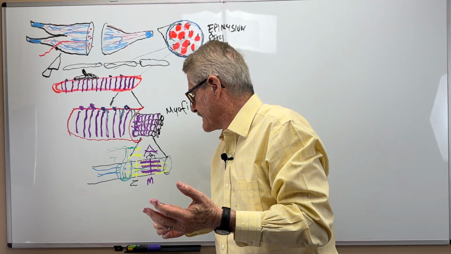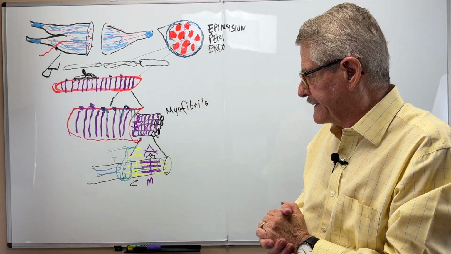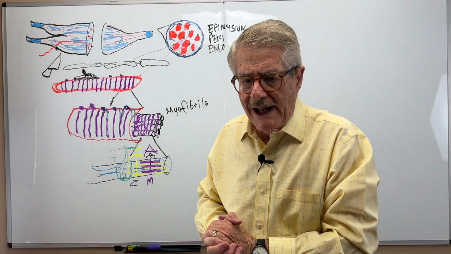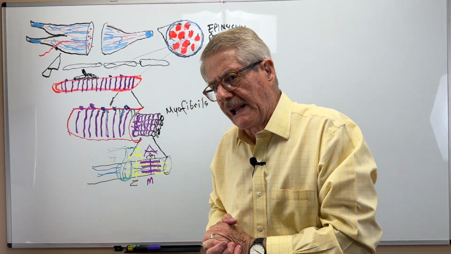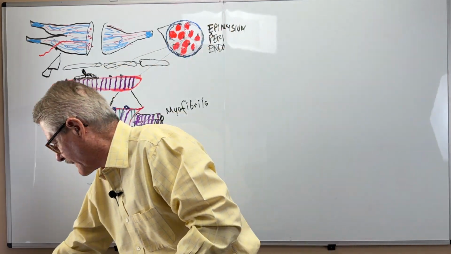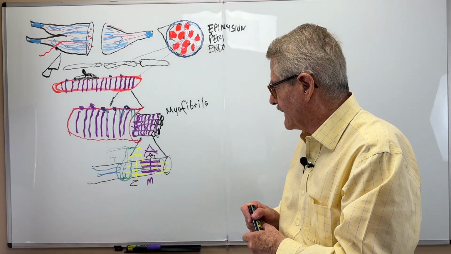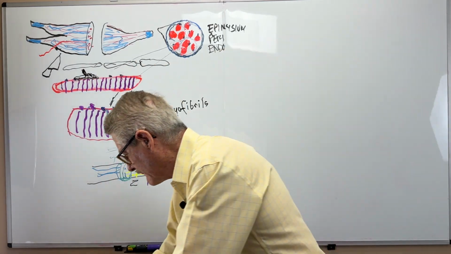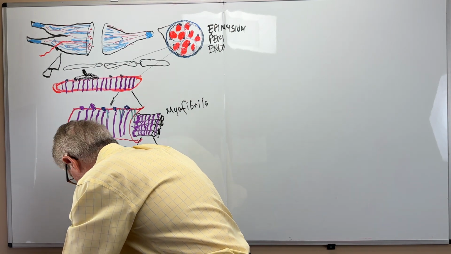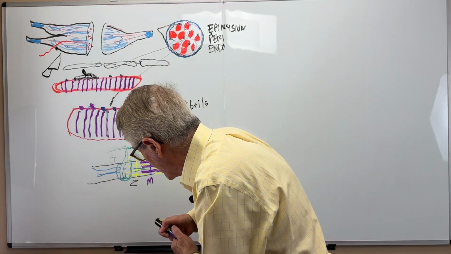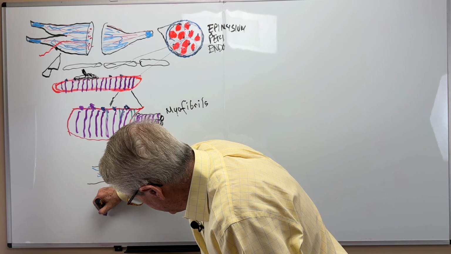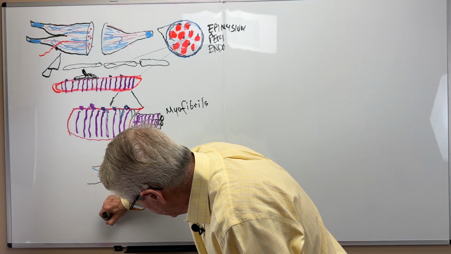Now you can ask yourself, well, how does this really happen? We have a molecular idea. Molecular biologists would probably have a better idea than I do. But the filament of myosin, let me see, is formed like this, like mini golf, kind of.